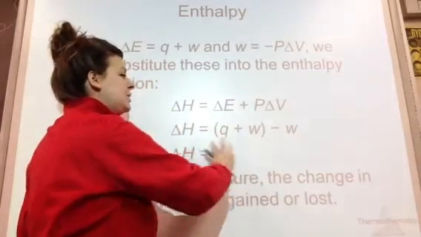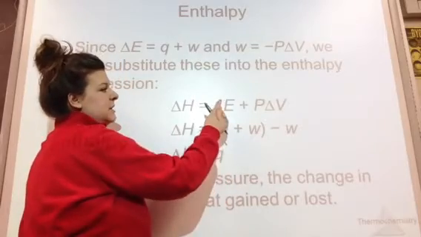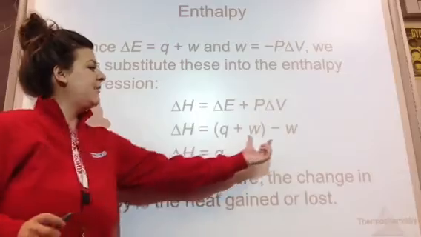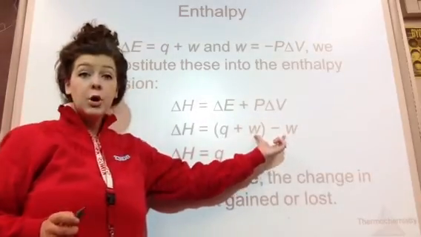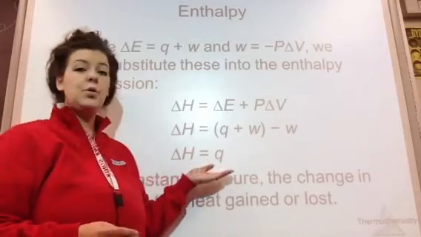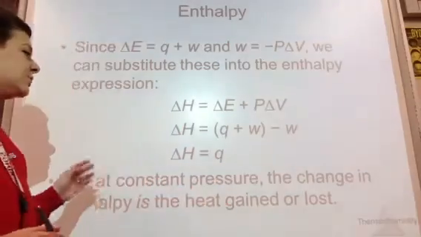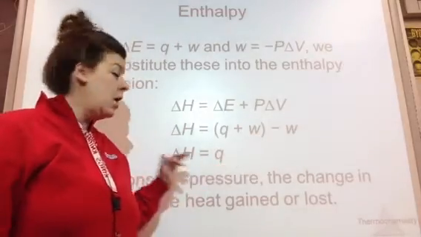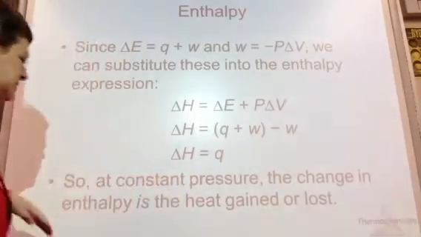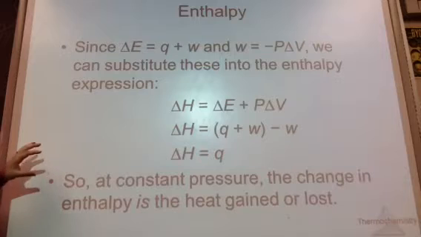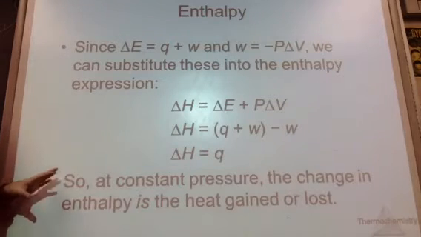So I substituted that first law of thermodynamics into my delta E here. And then if I look, the amounts of work will cancel out here. So I'm really just left with the change in enthalpy is equivalent to Q, which is heat. So if I could measure heat flow, I would know the change in enthalpy. That's what this is trying to derive. And we want to work on this in constant pressure situations, okay?